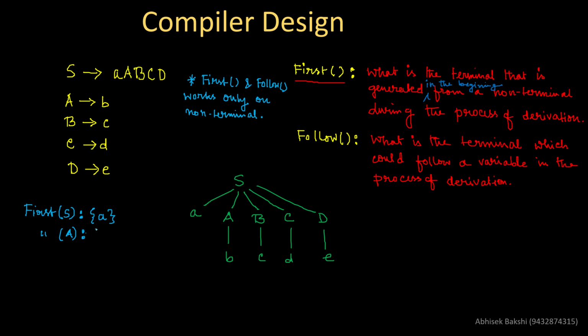That means first of capital A is small b, first of capital B is small c, first of capital C is small d, and first of capital D is small e. So it's all about first, but follow is there also, right?